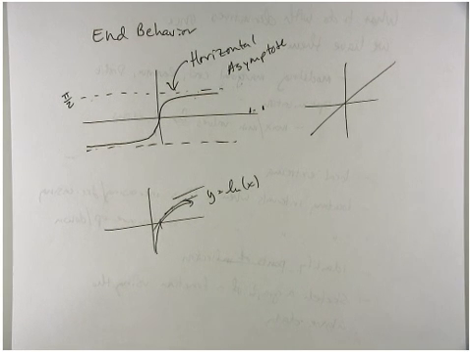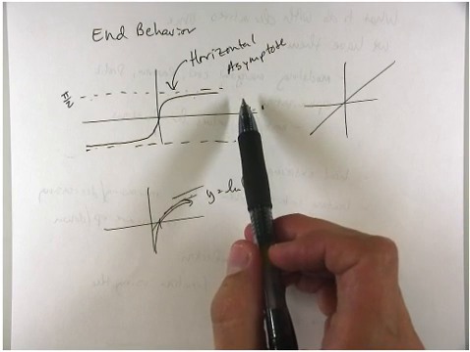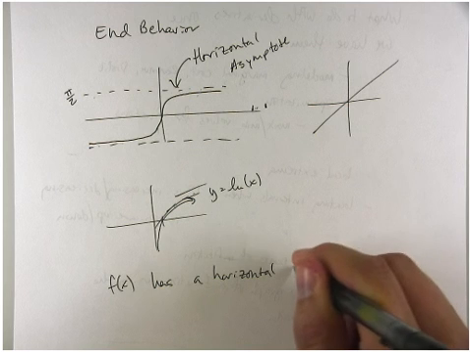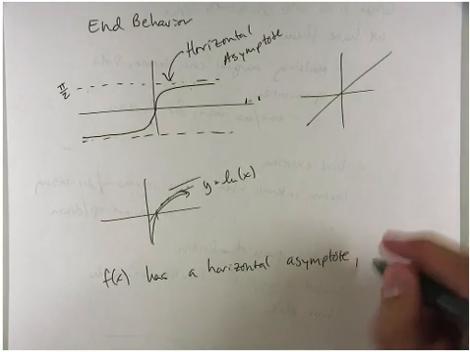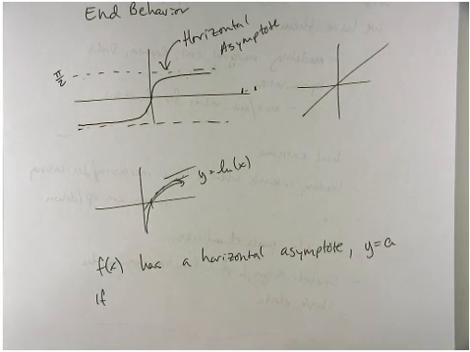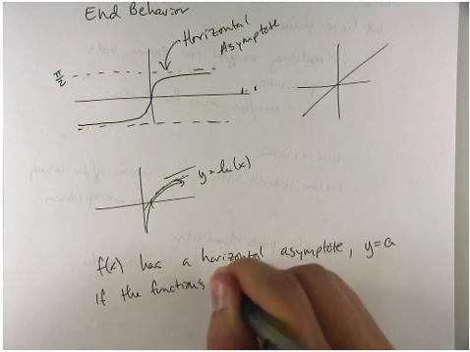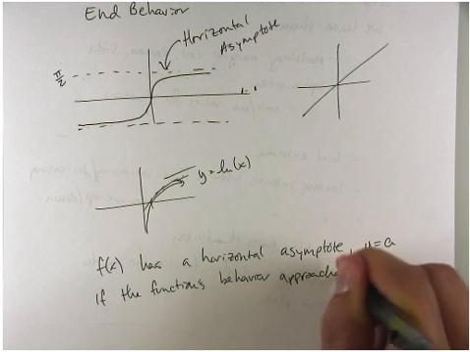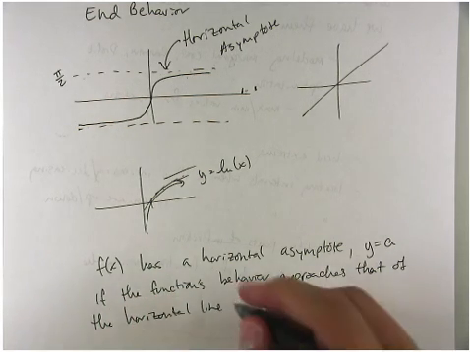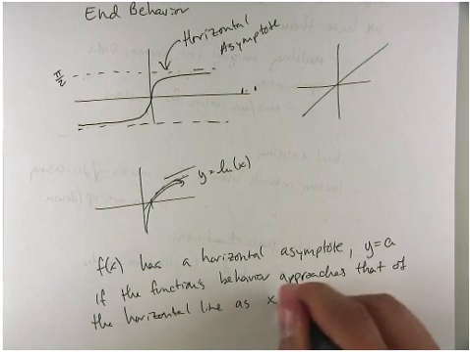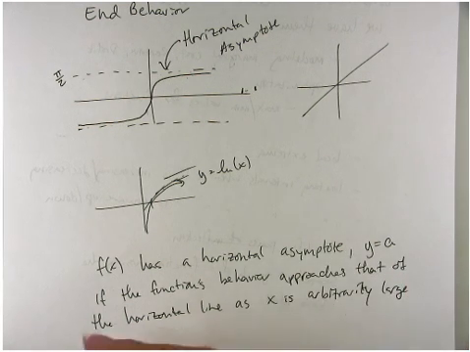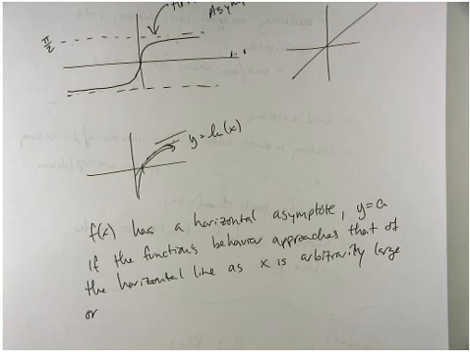A function has a horizontal asymptote if, at either all the way left or all the way right, the behavior of that function looks like a horizontal line. f of x has a horizontal asymptote, we'll give it a name, y equals some number, like a, if the function behavior approaches that of the horizontal line as x is arbitrarily large, or I want to say small, but what I really mean is negative.